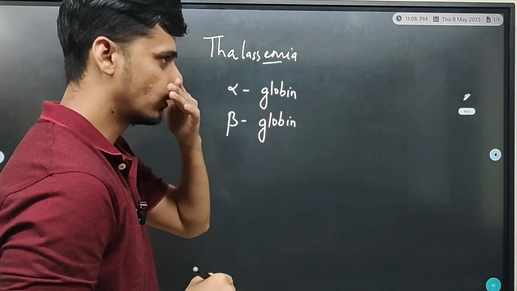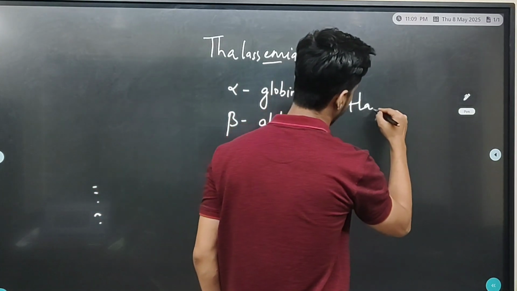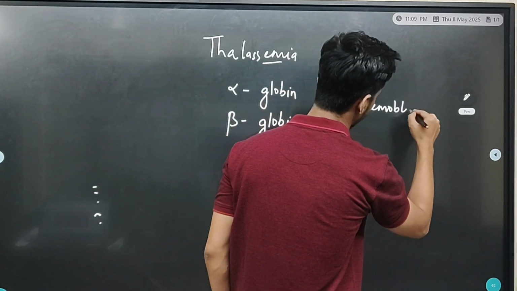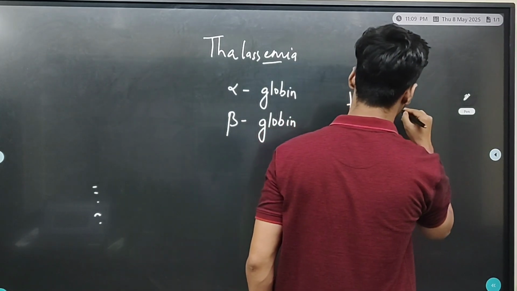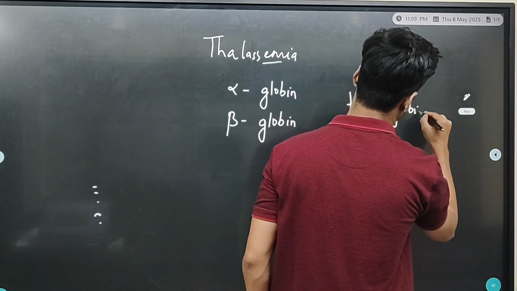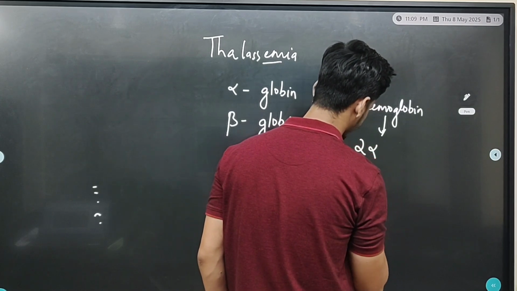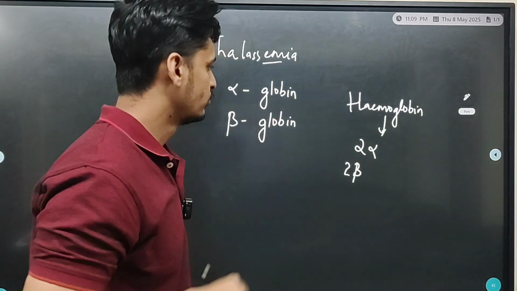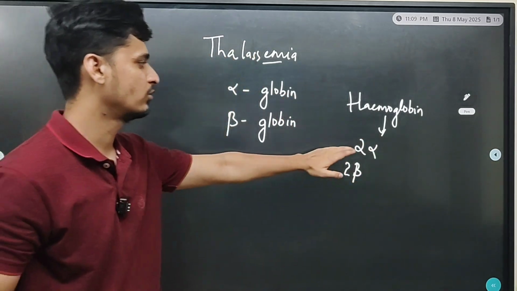So we all know hemoglobin, which is present in RBC, is made up of 2 alpha chains and 2 beta chains. Whenever the alpha chain is affected, there will be reduction in alpha globin.